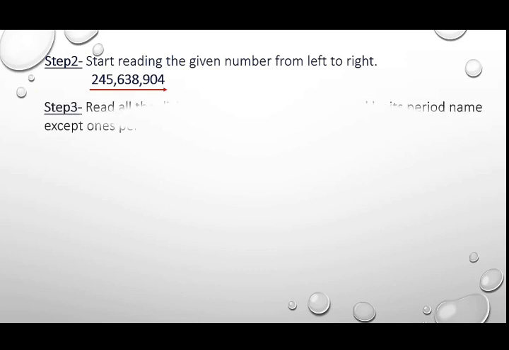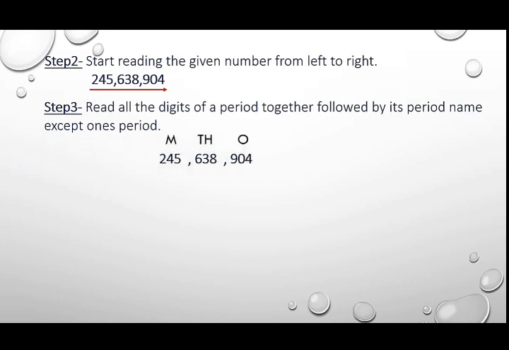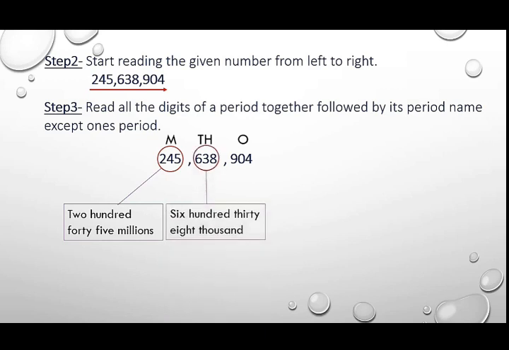Read all the digits of a period together, followed by its period's name except ones period. For example, in this number, the first period is millions and the number is read as 245 million. The second period is thousands. The number is read as 638,000.